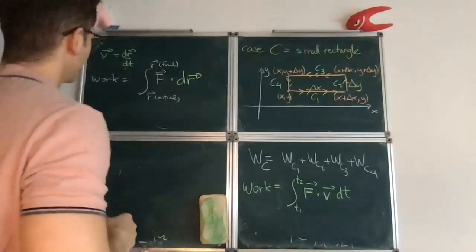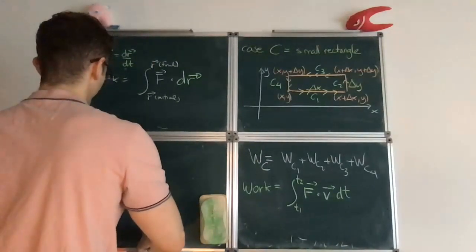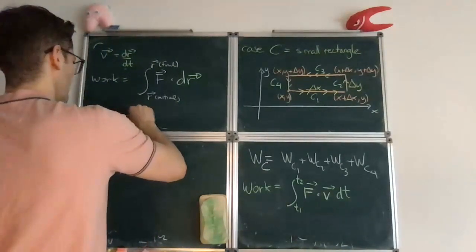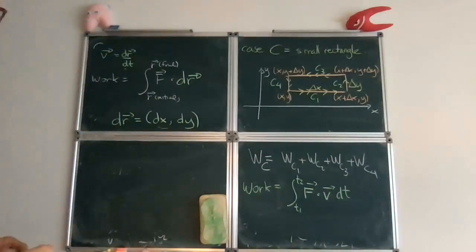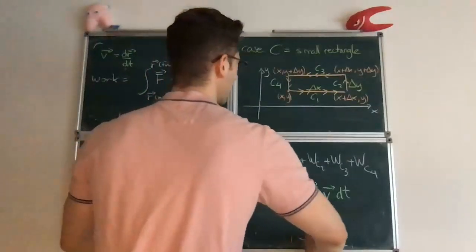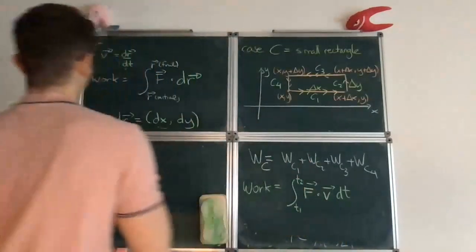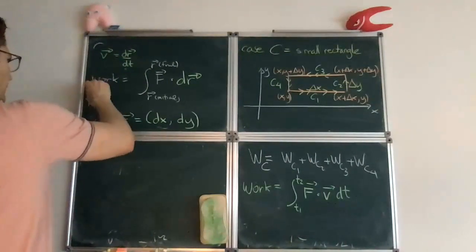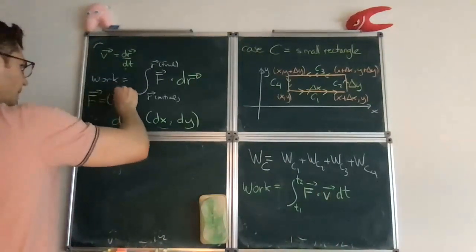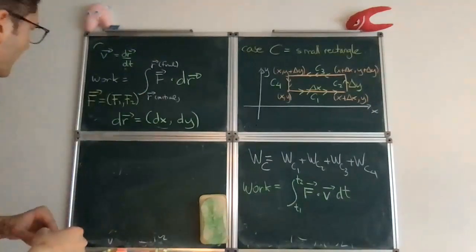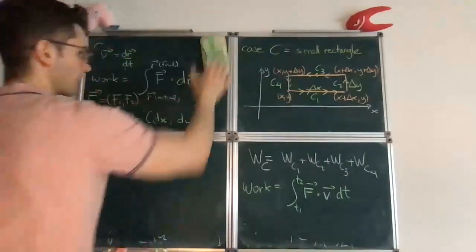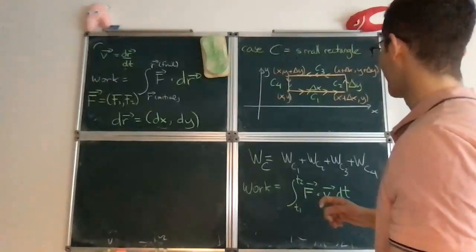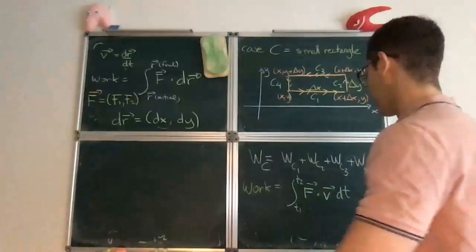And here dr, because we're on the plane, is just dx comma dy. And F, because we're on the plane, has one horizontal component and one vertical component. So let me just write it like this. To illustrate what the main idea is, let's do the work along the curve C1.